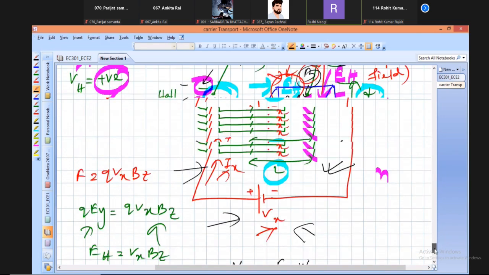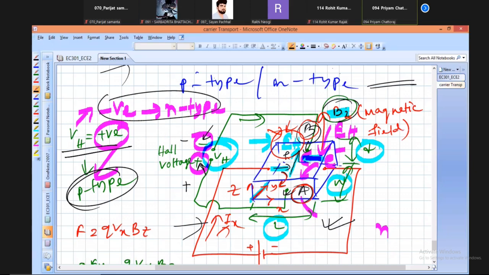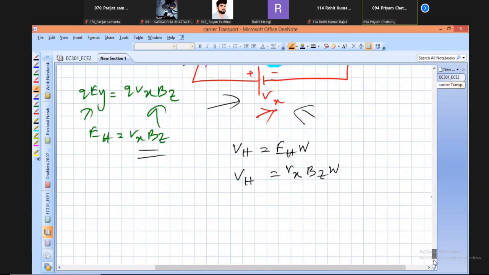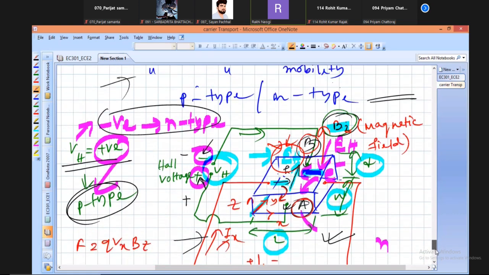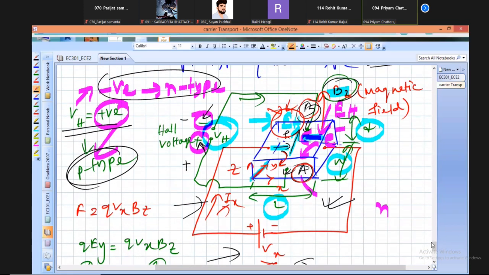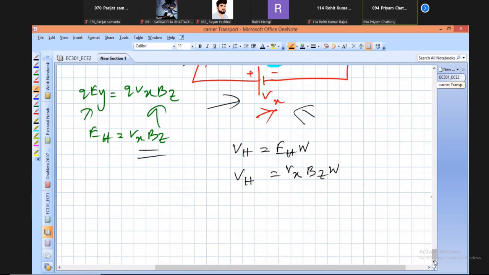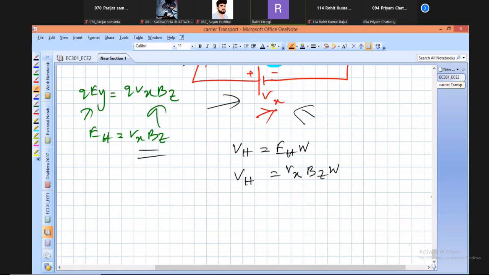If the Hall voltage is positive, then the semiconductor is P-type. If the Hall voltage is negative, then the semiconductor is N-type. Any problem? Any questions? If you have any questions, you can inform me.